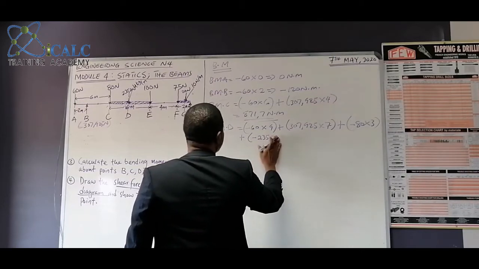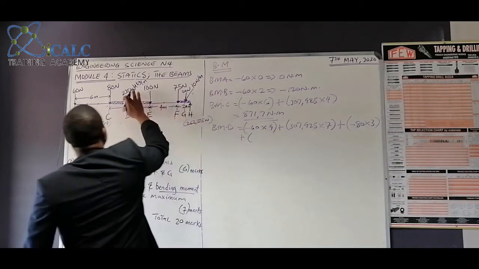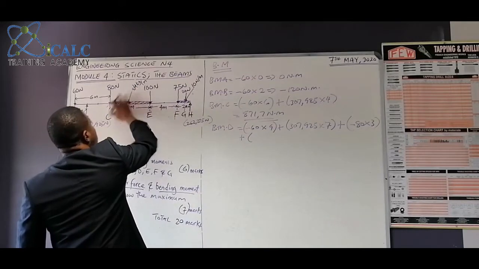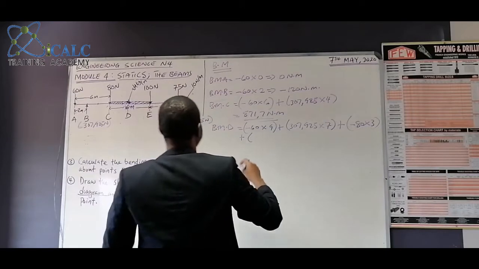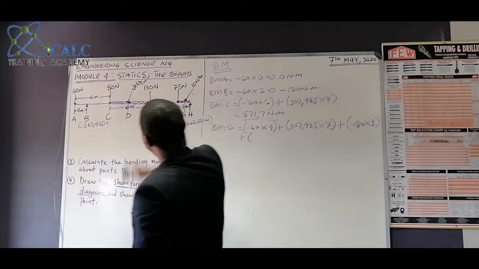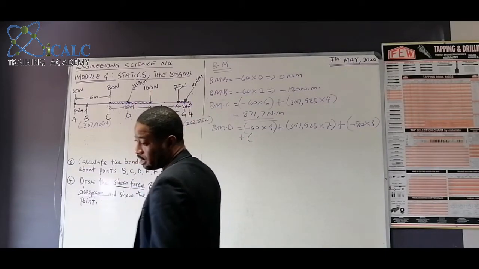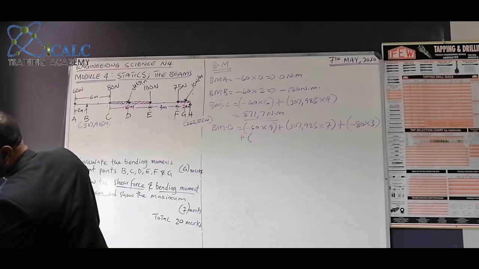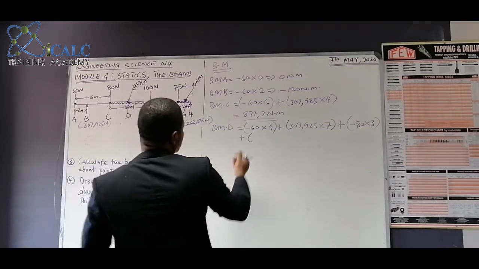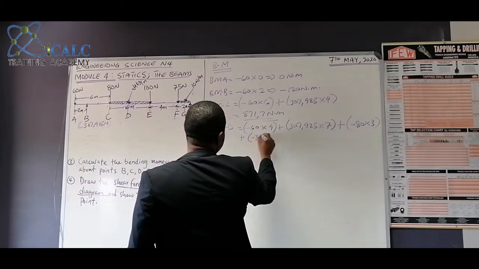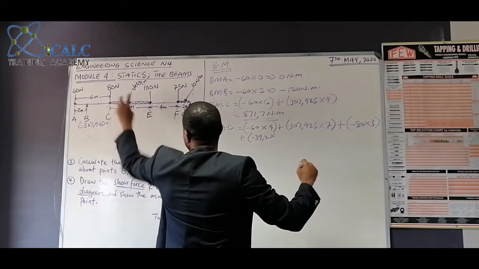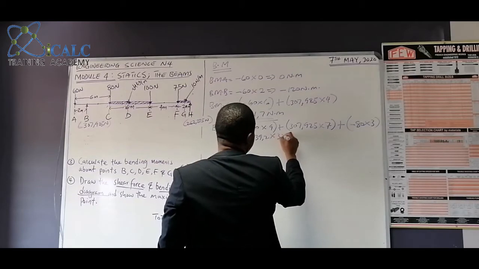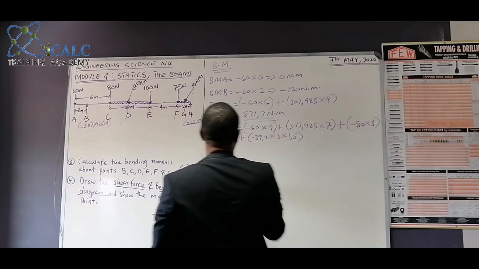No, sorry. This one is out now. So we will say 4 multiplied by 9.8 shall give us 39.2. So we will say minus 39.2 multiplied by, the distance there is 3, multiplied by 1.5.